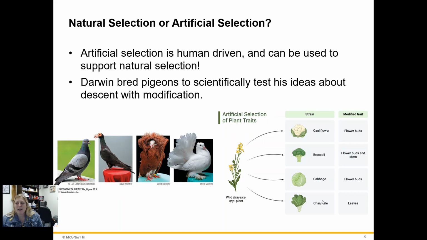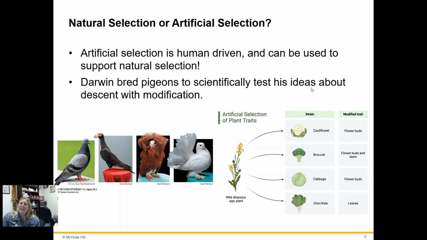So they're different now. They're going to be a different strain of that plant, a different cultivation of that plant. But at the end of the day, they all share a common ancestor because humans have artificially selected for those characteristics. Dog breeds, cat breeds, cows, sheep, watermelon, corn, any of the fruits you eat, all of those are examples of artificial selection. And artificial selection can back up natural selection.